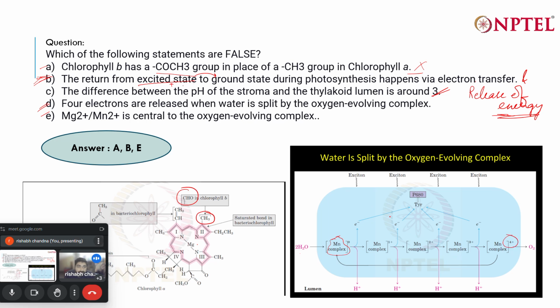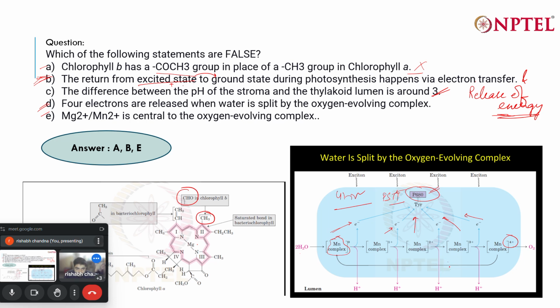This enzyme, that is P680, this is photosystem 2. So what happens now? The electrons are extracted from the water molecules, 4 electrons are extracted, and they enter photosystem 2 after taking 4 photons, releasing 4H plus into the lumen.